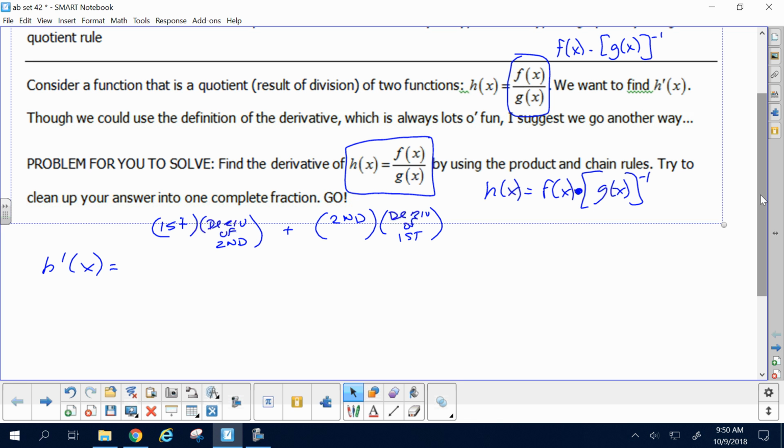Now, if I look at it algebraically, that's not typically how we write it. Once you've got the product rule, try to do some algebra to make it more like one big quotient. It's kind of logical that the derivative of a quotient is a quotient. I think this is right. Times derivative of g.